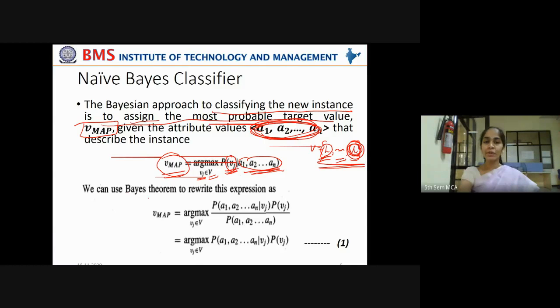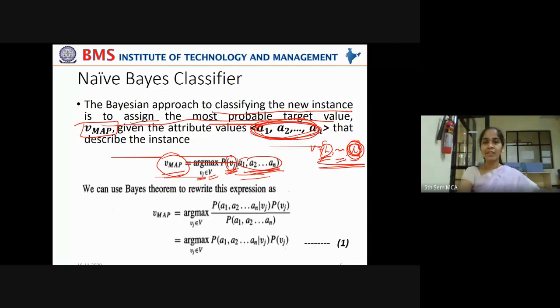Now we can use Bayes' theorem to rewrite this expression. How do you write this expression using Bayes' theorem? You remember Bayes' theorem, right? Posterior probability, probability of H given D, is equal to probability of D given H multiplied by prior probability of H, divided by prior probability of D. Right, now it is very easy for you. If I wake you up in your sleep also, you should be able to tell very quickly what Bayes' theorem is.